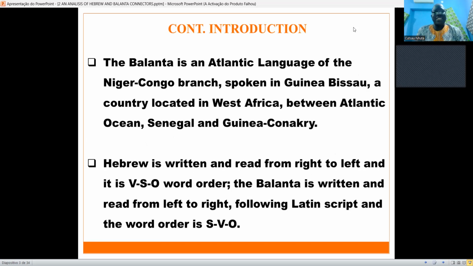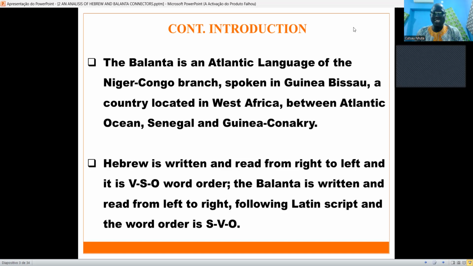Balanta is an Atlantic language of the Niger-Congo branch, spoken in Guinea-Bissau, a country located in West Africa between the Atlantic Ocean, Senegal, and Guinea-Conakry. Hebrew is written and read from right to left, and it is VSO word order.